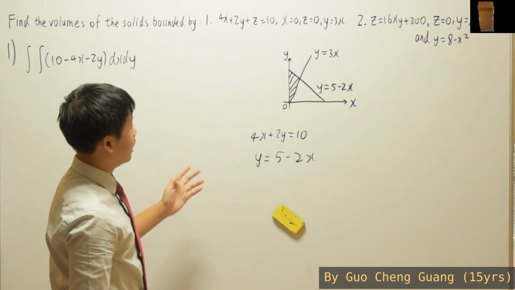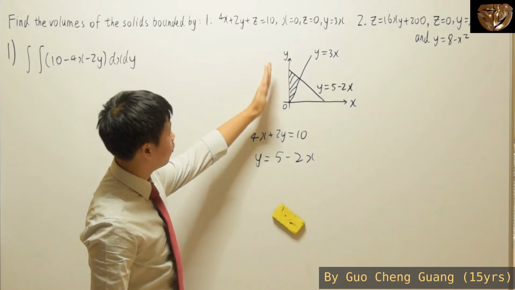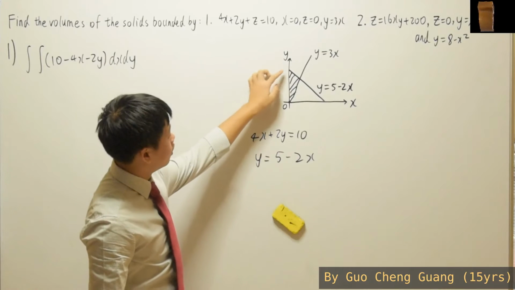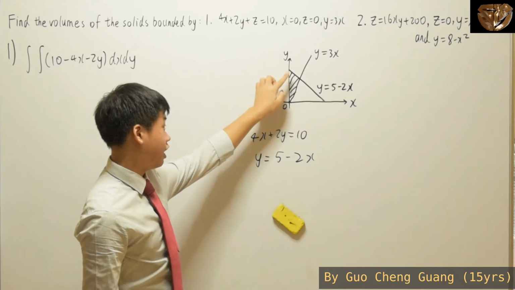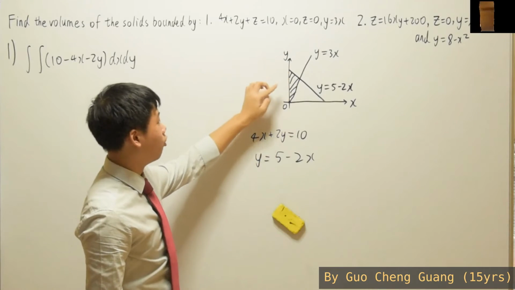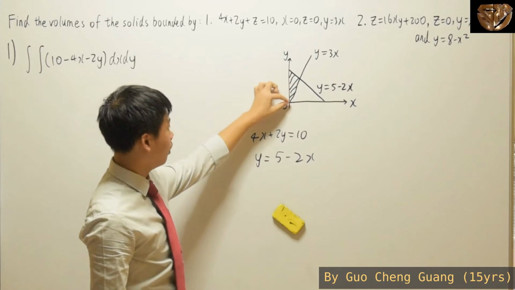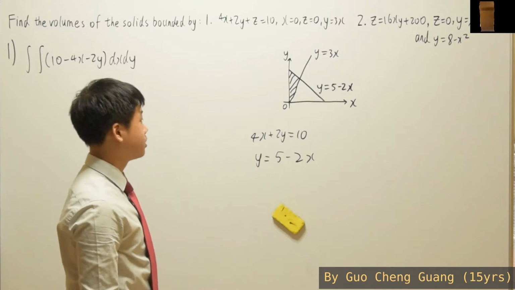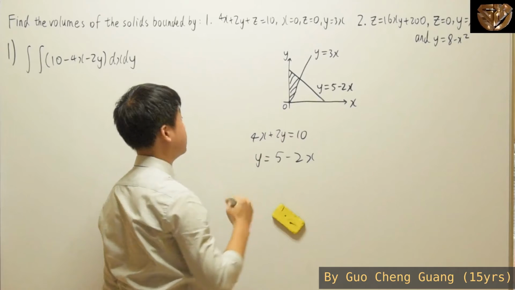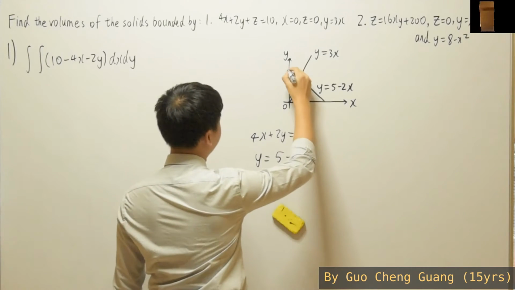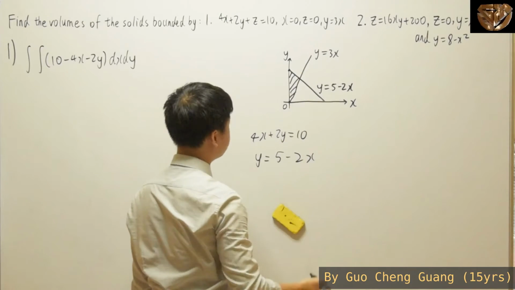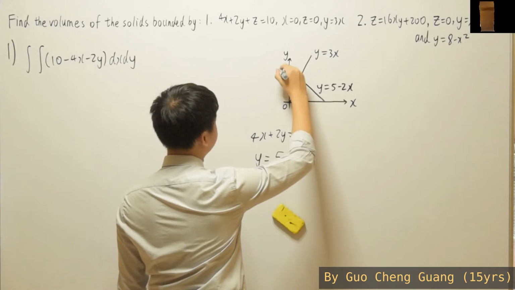Why two different parts? That is because you can have x from 0 to y is equal to 5 minus 2x, or from x is equal to 0 to y is equal to 3x. The origin is definitely 0, 0, while this point up here will be 5.